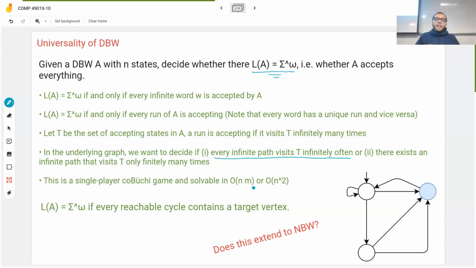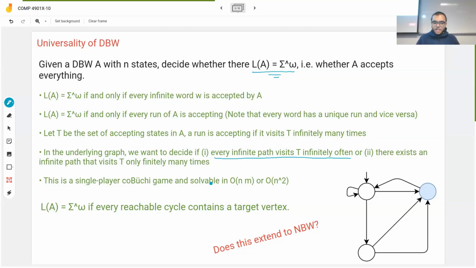Okay? But if every reachable cycle has a target vertex, then every infinite path has infinitely many of these cycles in it. I can decompose it into infinitely many cycles, and each one of them is visiting the target at least once. So I'm forced to see the target infinitely many times. So basically, these two are equivalent. I basically have to figure out if every reachable cycle contains a target vertex.